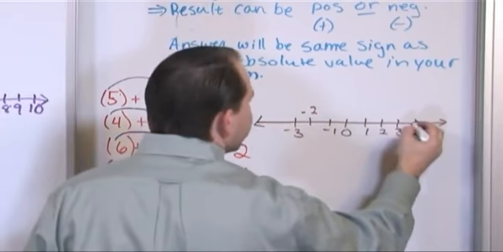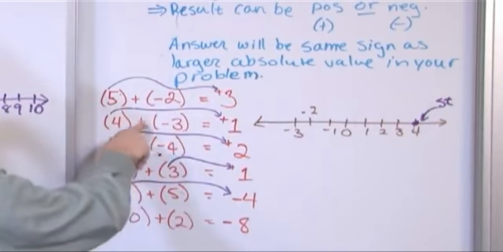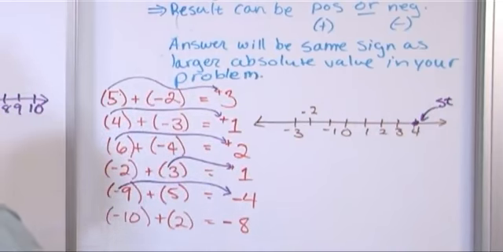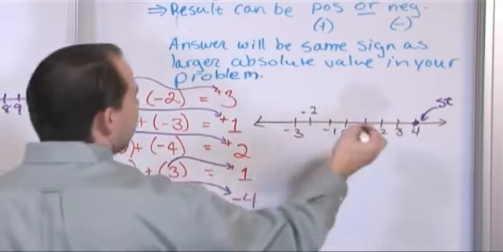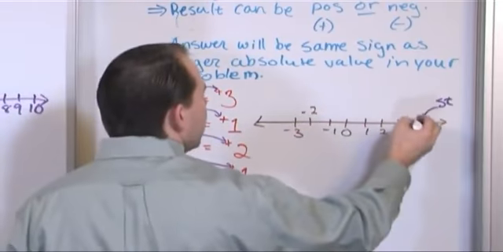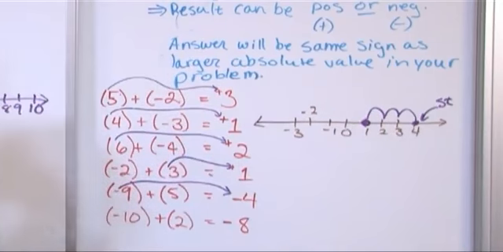You start over here, so I'm going to put a little arrow, start. That's where I'm starting. And I'm adding to it a negative number, which means I'm not going to go to the right because I'm not adding a positive number. I'm adding a negative number, so I'm going to go to the left. And I'm going to do that 3 units. 1, 2, 3. So I landed here. The answer is positive 1. Just exactly what we got.